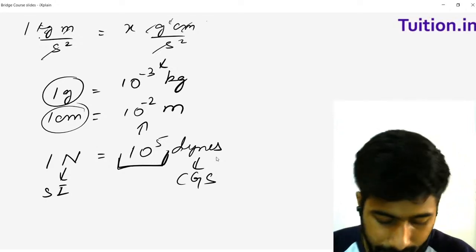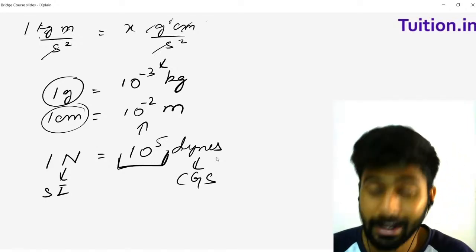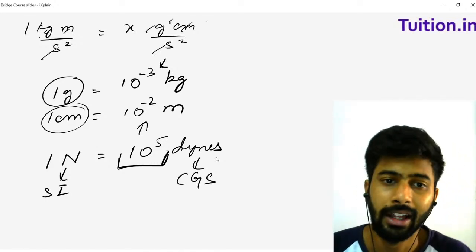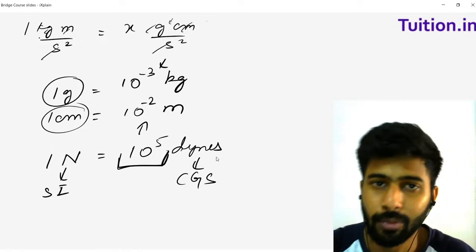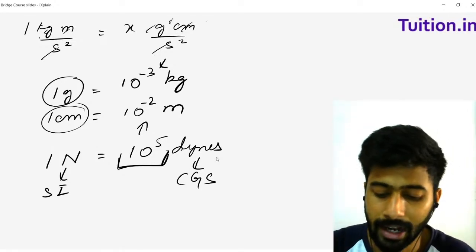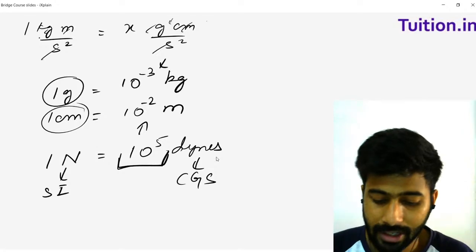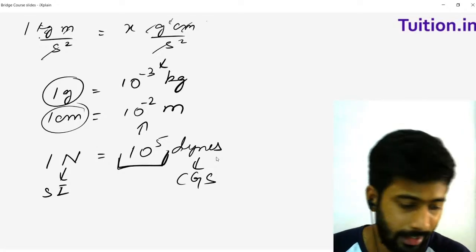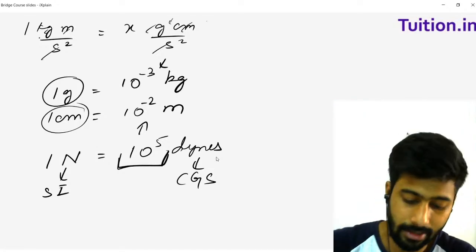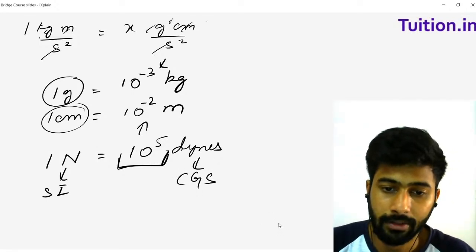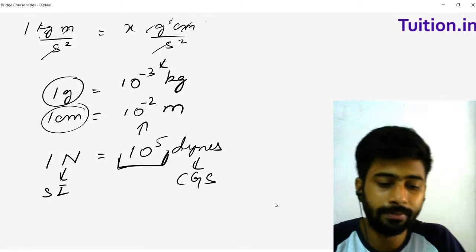Tomorrow we will quickly wrap up dimensional analysis. We will do a couple more problems on this conversion, and within the first 10 minutes we will wrap it up, and then start with the next topic. Let me check the schedule.